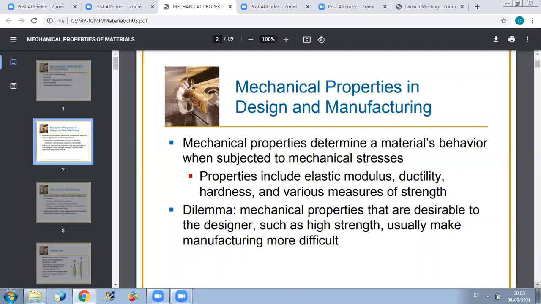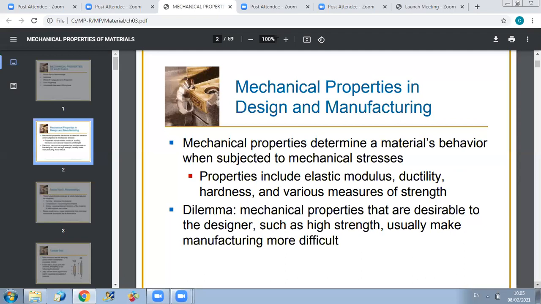And you know that in any manufacturing process in general, the objective is to change the properties or to change the shape. And to do this, we need to undergo a certain deformation of the material. So this is why we should make a compromise between what the designer needs and what the manufacturing processes require.